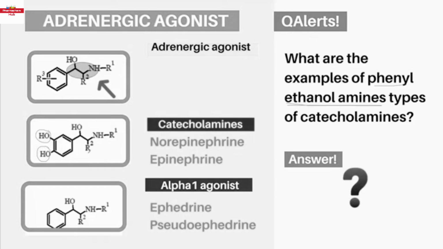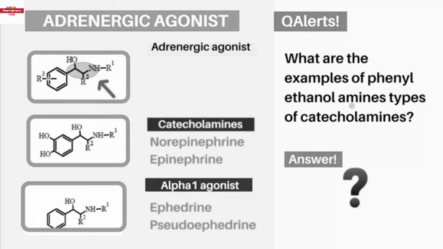Those catecholamine structures are present in norepinephrine and epinephrine, which are basically the neurotransmitters of the sympathetic system. Plus, those chemicals are also used as medications in emergencies. Therefore, that always comes up in the exam in various ways.